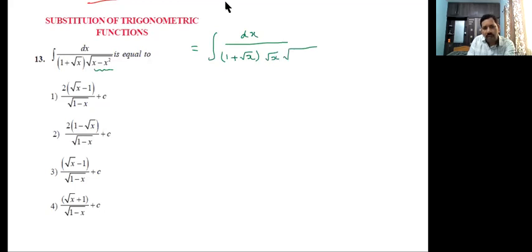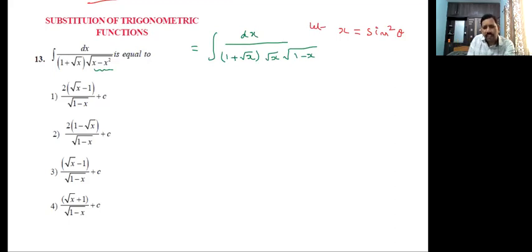Remaining is root (1 minus x). So in this case, what do we have to take? Let x be equal to sine square theta, because for 1 minus sine square theta, the cos square theta formula is there. Or you can take cos square theta also, no problem.